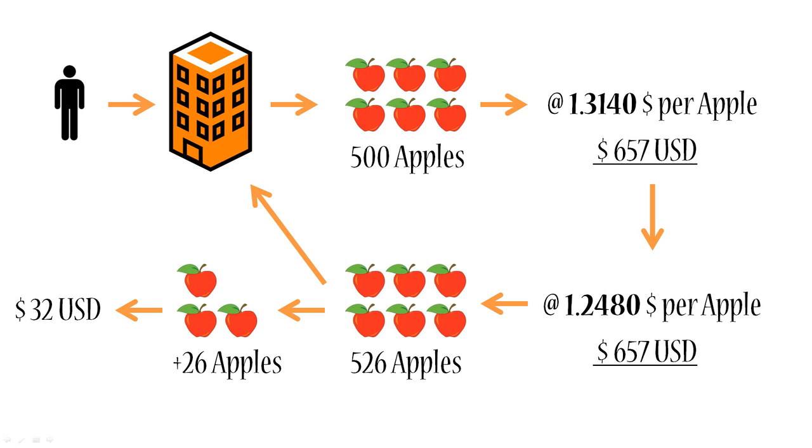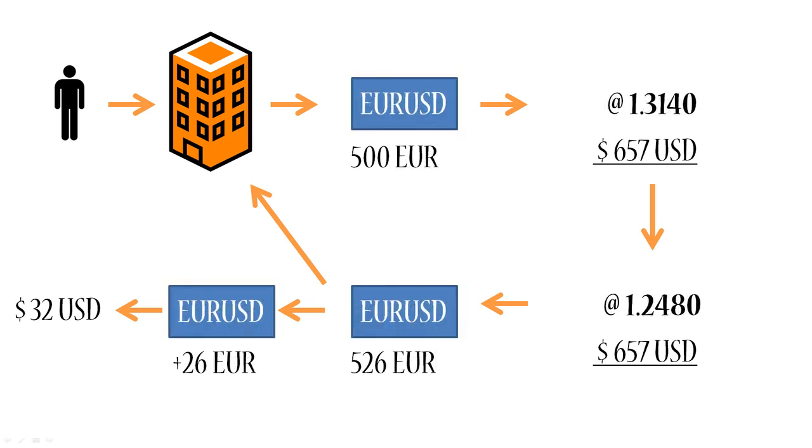Now, if we replace apples with euros as we did previously, you will see that nothing changes. This whole scheme works also for euros just as it did for apples. You go to your broker, you borrow 500 euros, you sell them at 1.3140 for $657. You hold on to your $657 until the price for euros drops.